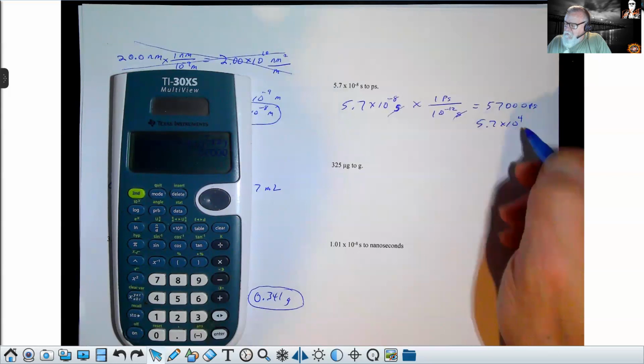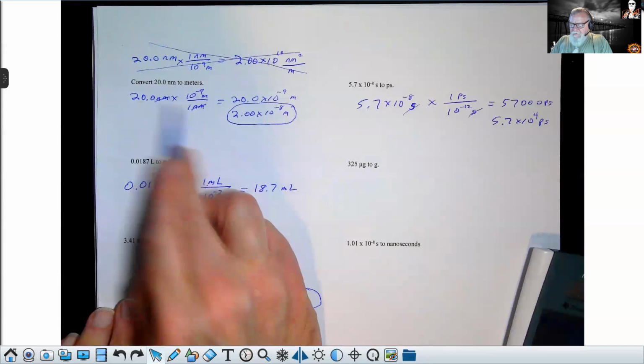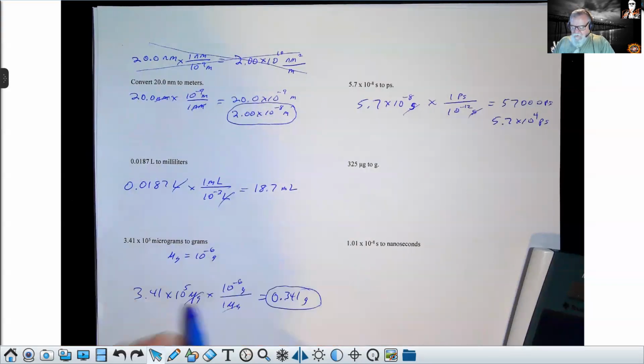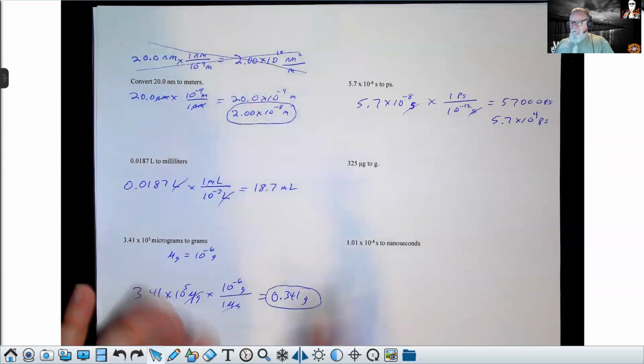So the 10 to the 4, that's picoseconds. Over here, we had 3 sig figs. So we have 3 sig figs. Here we have 3 sig figs, 3 sig figs. So we're doing it right. I was just pointing it out to you.